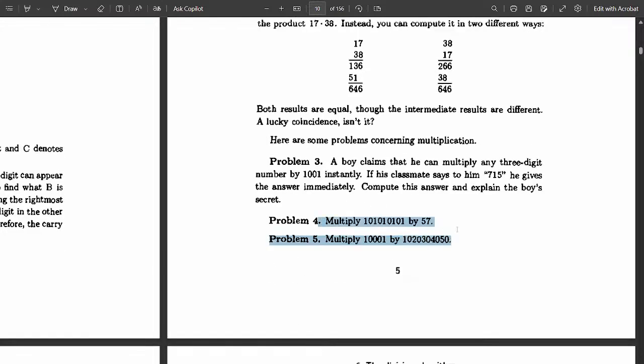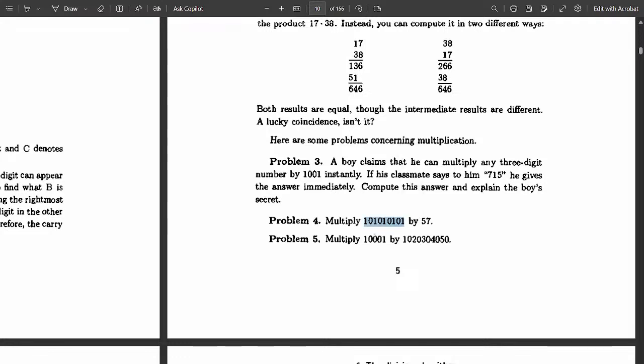This is already done. 57, so it will be 57, 57, 57, 57, 57. Okay, so we got things to be reversed.